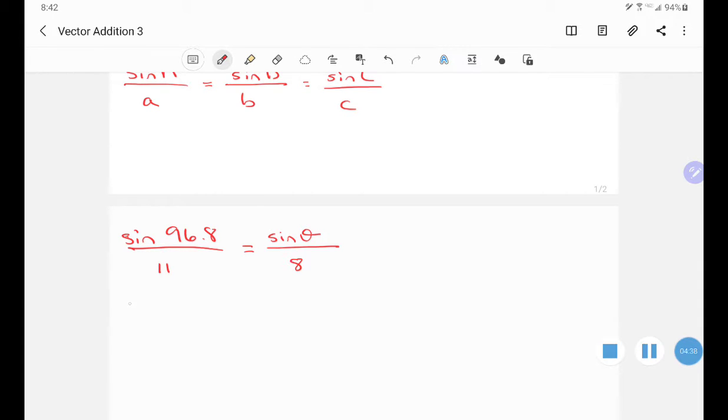So let's do some math here. Sine theta is going to be 8 sine of 96.8 over 11. All right, in doing so, we've got sine of theta equals 0.722.